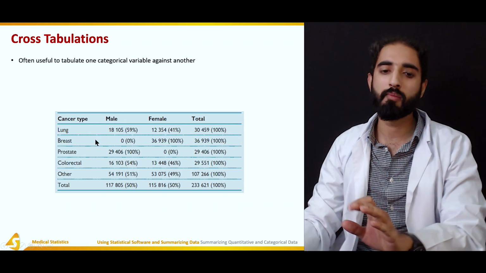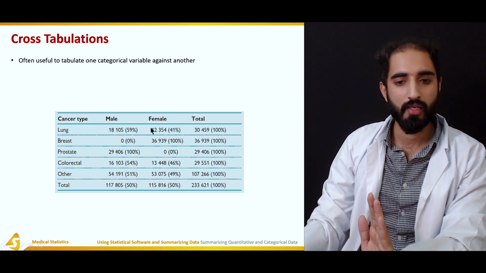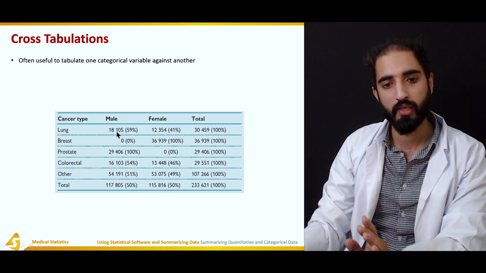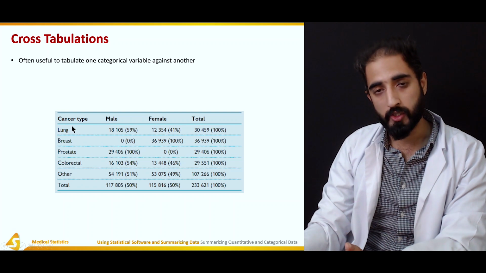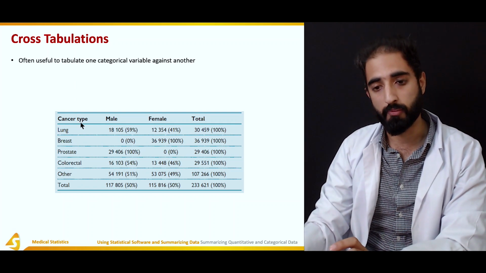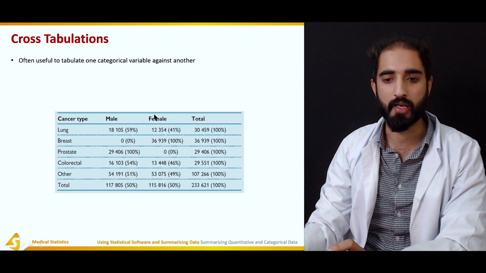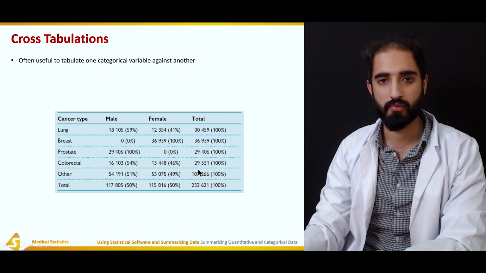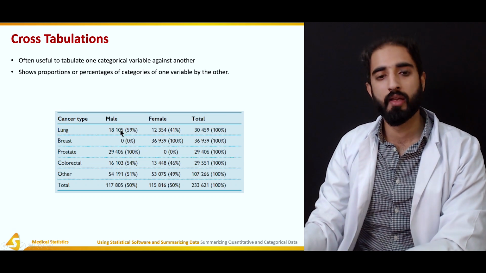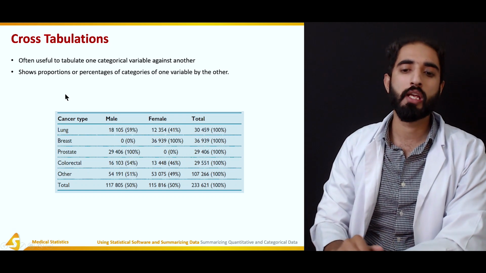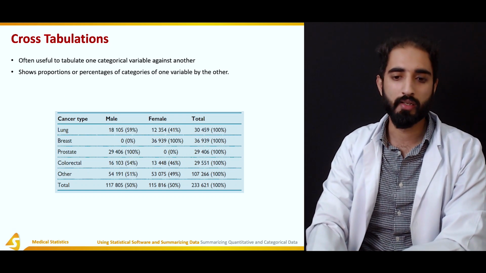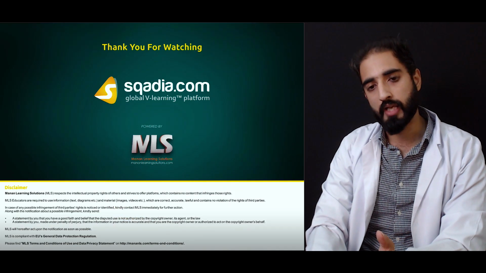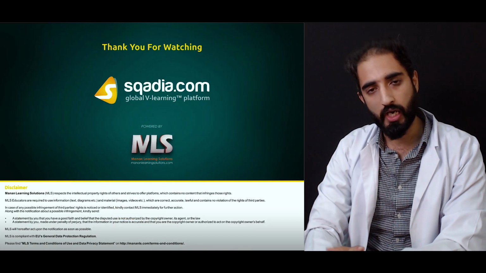So it is giving me percentages and frequency distribution for all the participants, but also dividing them on the basis of male and female as well as total. So it's very interesting. It shows proportions or percentages of categories of one variable by the other, and that was all about this section of the lecture.